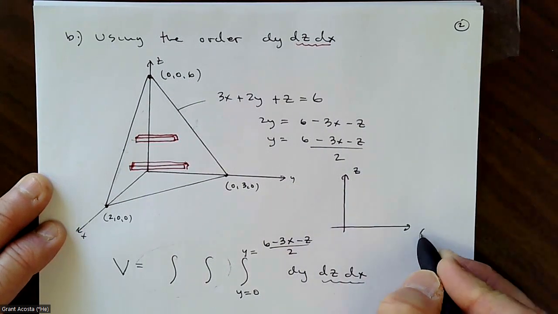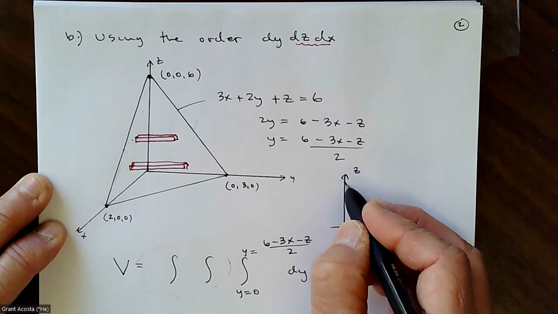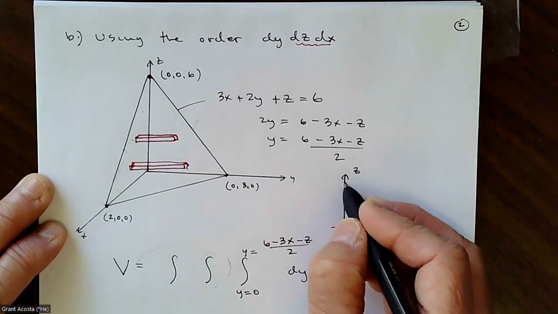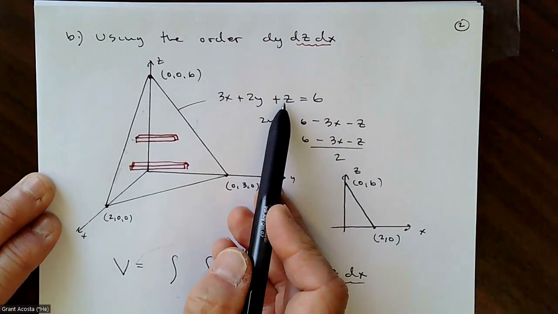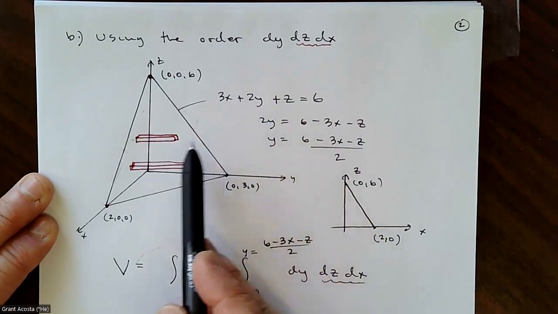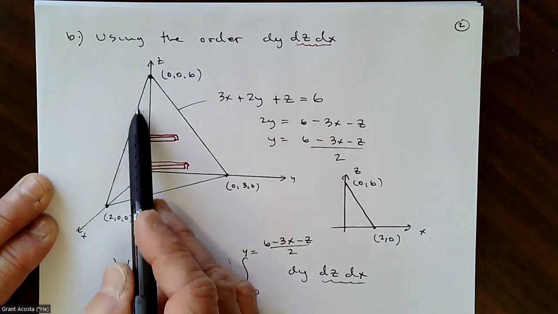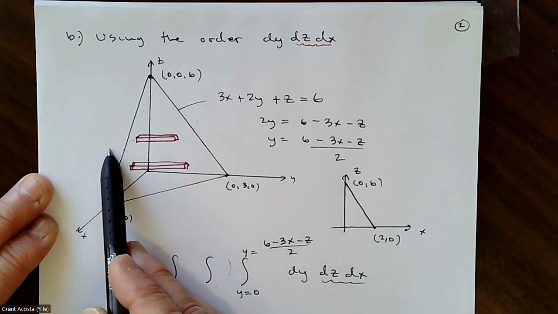There's z, there's x, and it goes down like this. This is 6 on the z-axis, 2 on the x-axis. We can use the same trick as the last one. This line is all of the points on this plane where y is equal to 0.